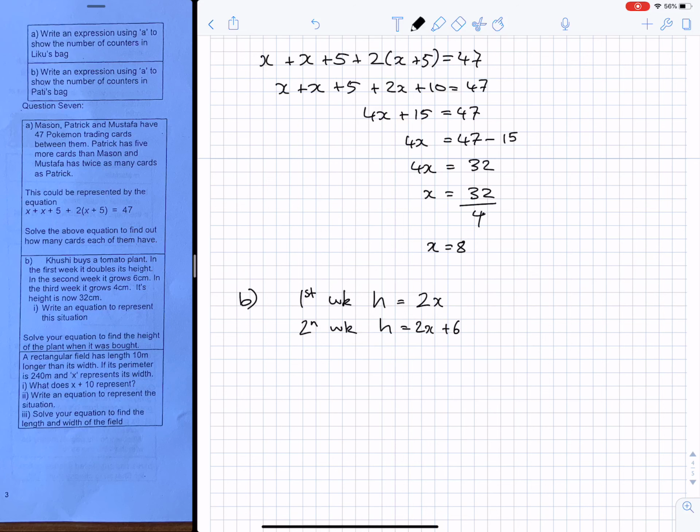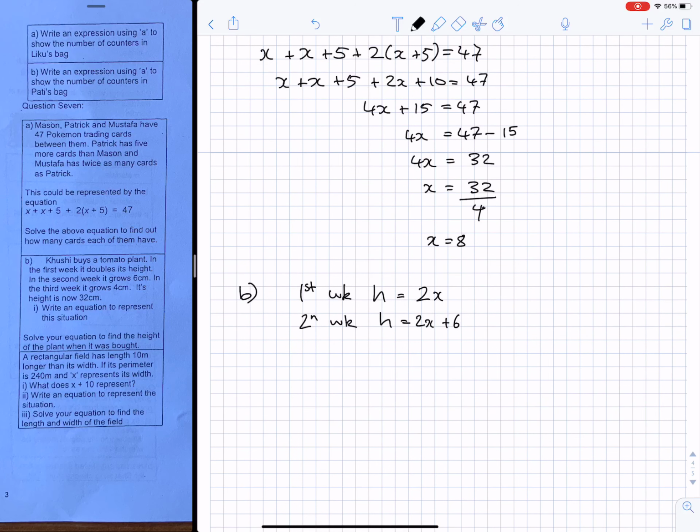In the third week, it grows 4 centimeters. Third week, height equals 2x plus 6 plus 4. Its height is now 32 centimeters. We'll write an equation to represent this situation. So 2x plus 6 plus 4 equals 32 centimeters.